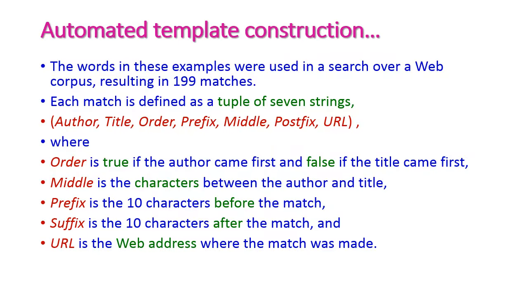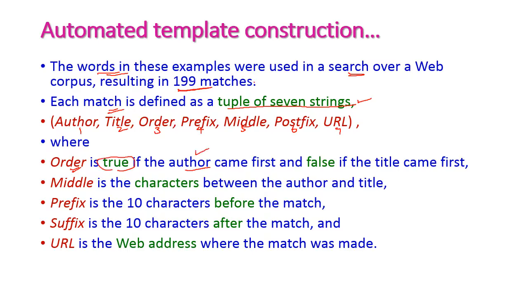The above given words are used to search on the internet, and this gives 199 matches, and each match gives a tuple of 7 strings. The 7 strings are author, title, order, prefix, middle, postfix and URL. Here, order is nothing but which comes first. If order is true, the author comes first.